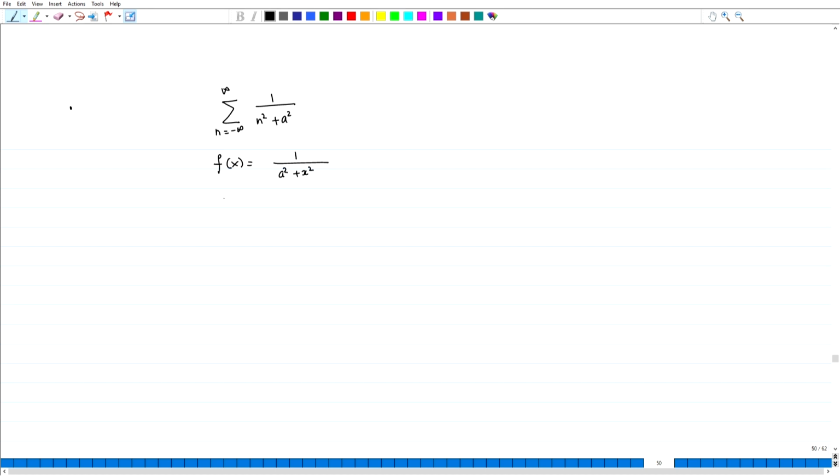Now, it is well known, so you grant me that if f is this, then f hat of n, or we can do it for xi too, but what we need is f hat of n, can be computed as pi by a e to the power minus 2 pi a mod of n.